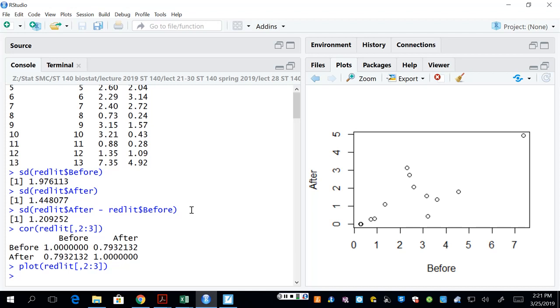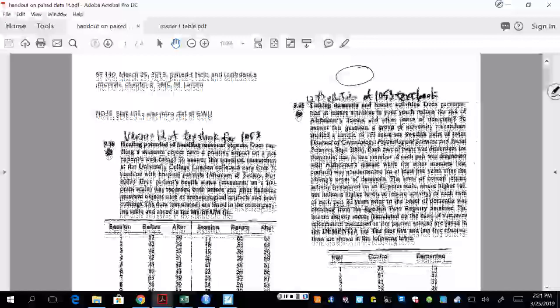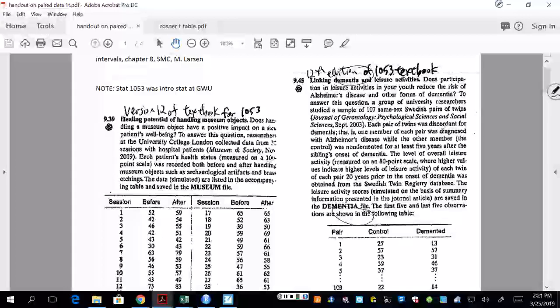One last example of this. So this one, making sure I'm getting the activities. Go ahead and read that one.